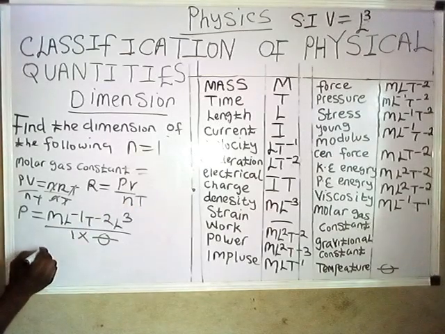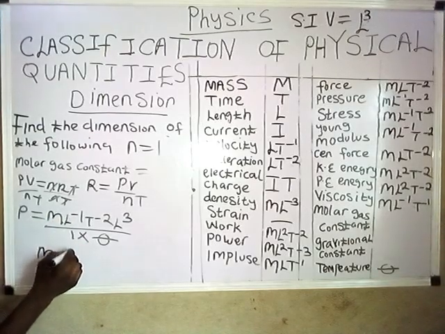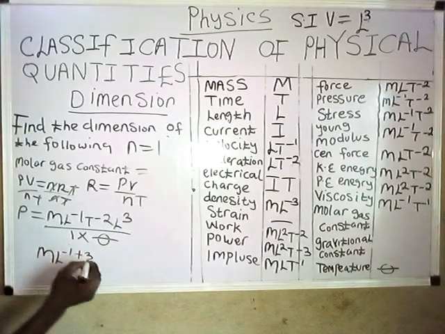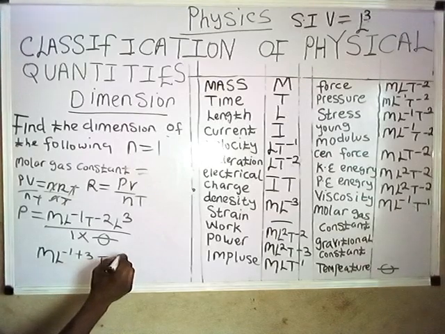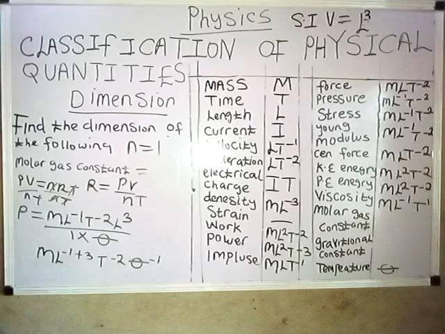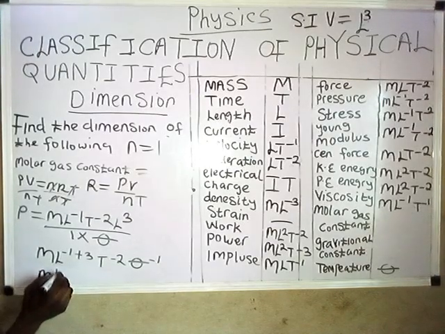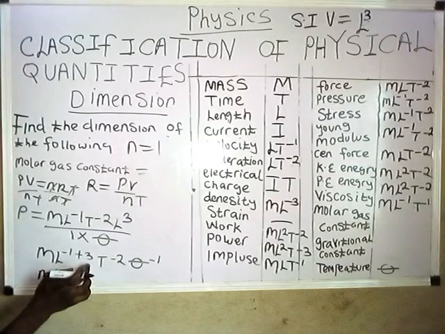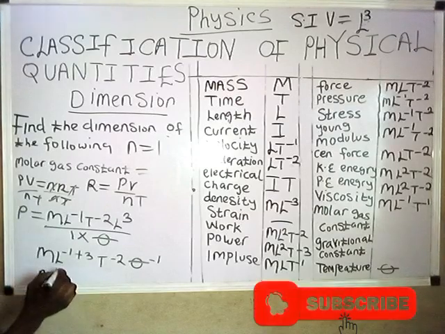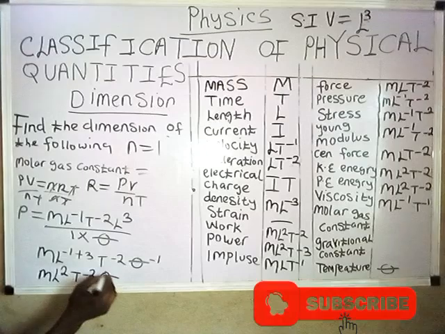So we have M, L^-1 plus 3 by the laws of indices, T^-2, and theta inverse. L^-1 plus 3 gives L^2.